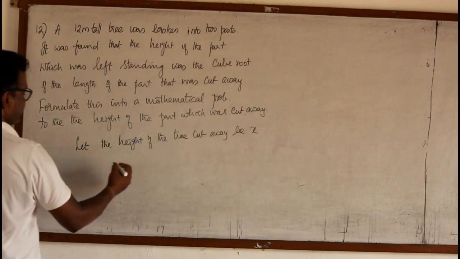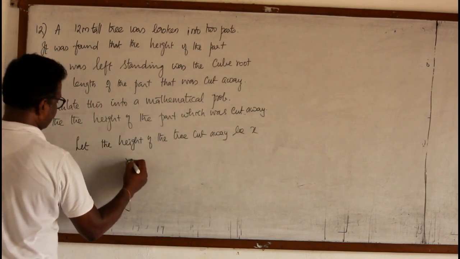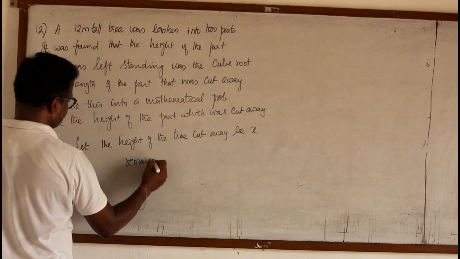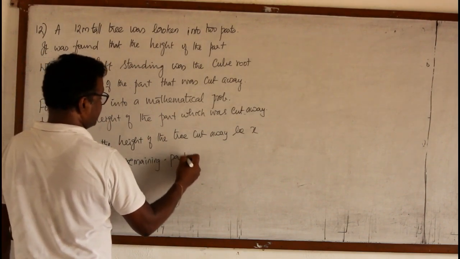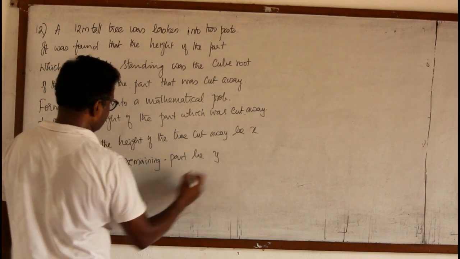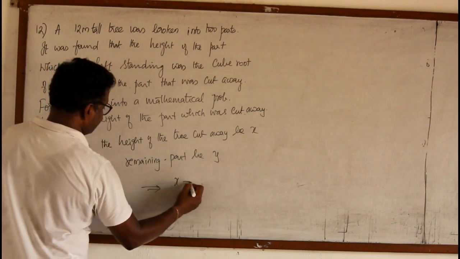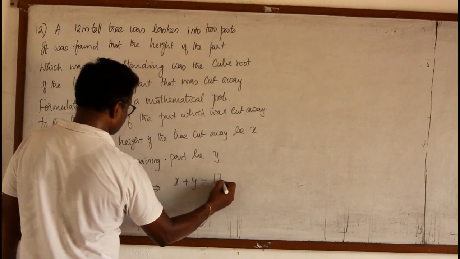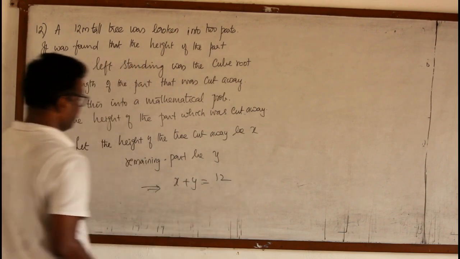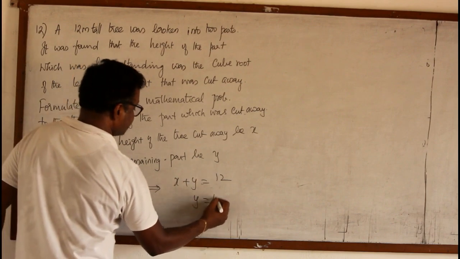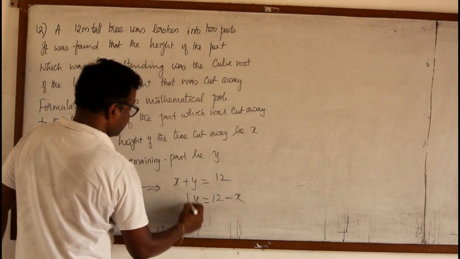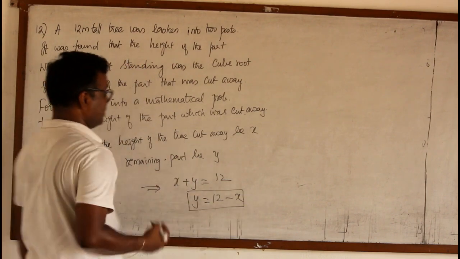Therefore the standing part be y. Then this implies x plus y equal to the total height, which is 12. So from this I can write y is 12 minus x, because I have to find out x only.